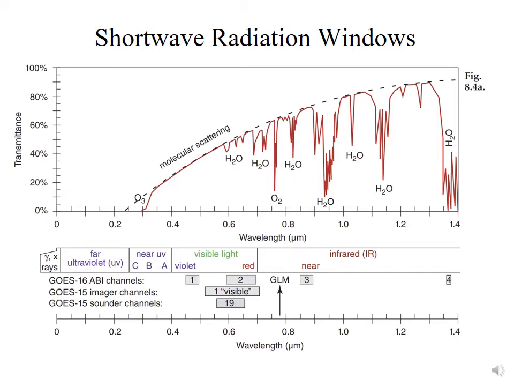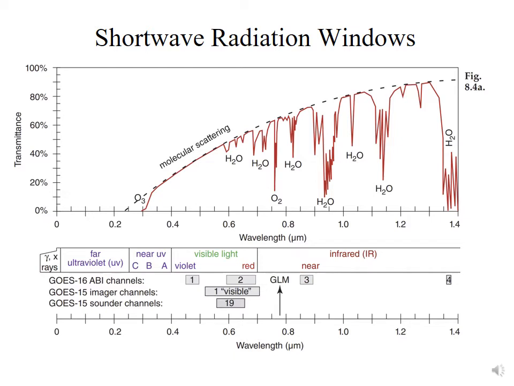So let's take a look at the atmospheric window, essentially for shortwave radiation. Once again, we have the transmittance on the y-axis and the wavelength on the x-axis. Way on the far left, we're basically looking at the near ultraviolet, the ultraviolet UVA, UVB, and UVC.